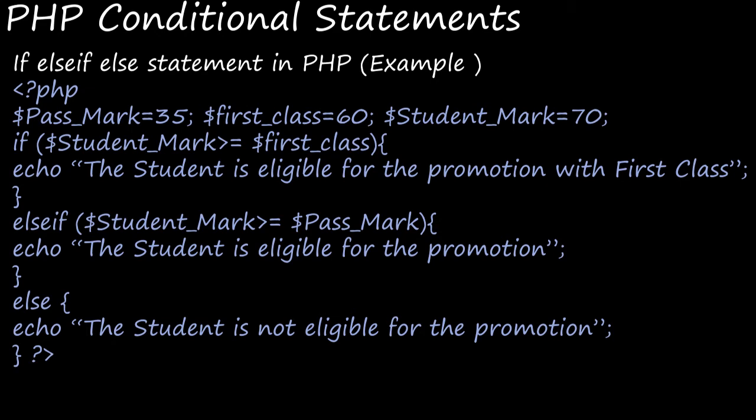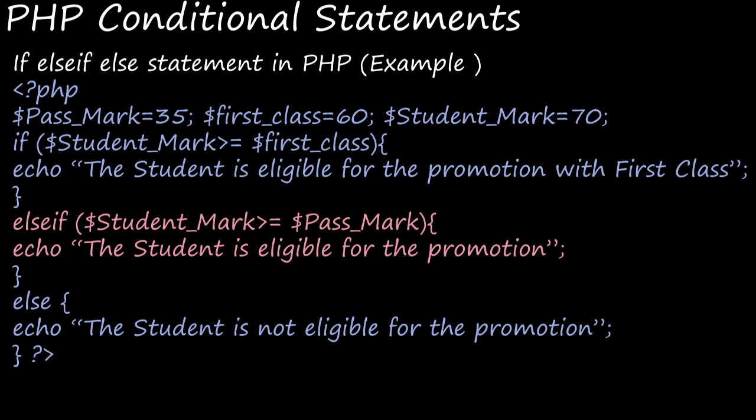Again they have given else if and another condition: student mark is greater than or equal to pass mark, the student is eligible for promotion. That means if the student mark is greater than or equal to first class, the student is promoted with first class, and the next condition is if the student has scored pass mark, the student is eligible for promotion.